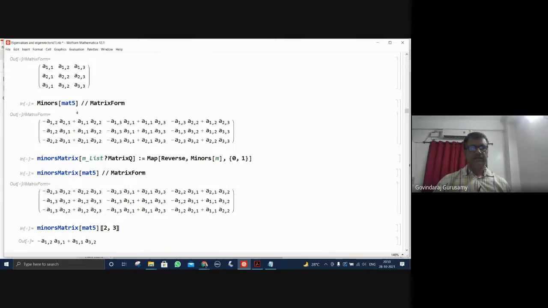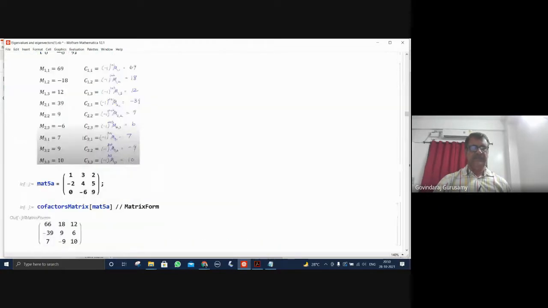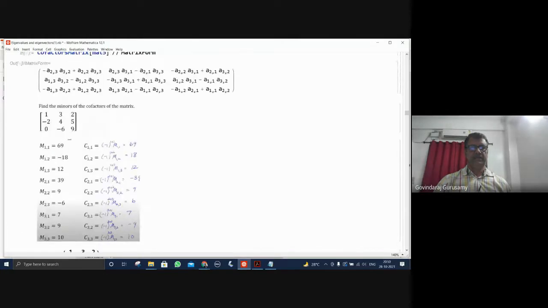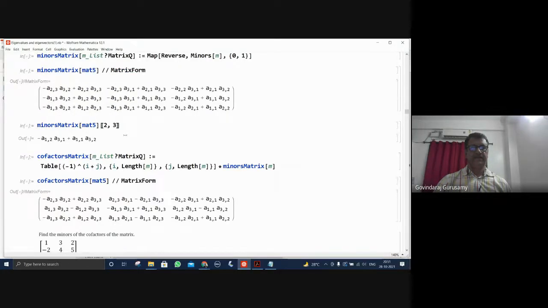And of course, after finding these minors, you have to reverse it so that you will get the form which is defined here. Okay, you can see here, this and this is the multiplication factor. So you can see here 2332, okay, and then 2233. That's the number that you have. So that is being defined here.